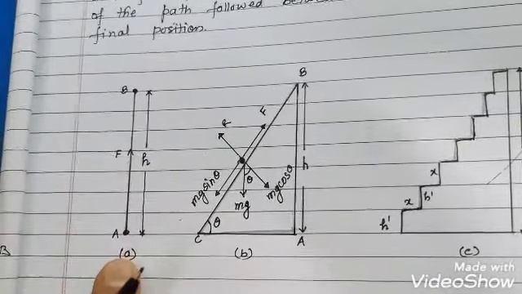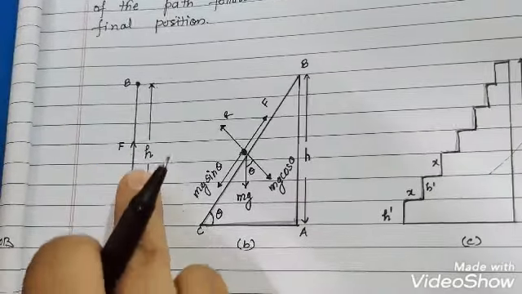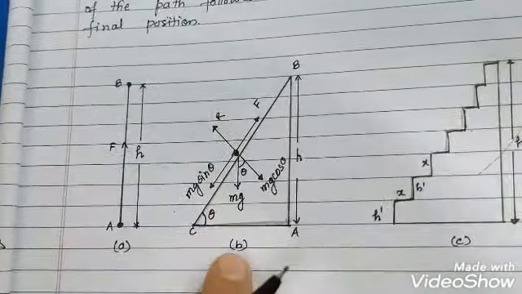In figure a, it is shifted vertically, directly from a to b. In the second figure, the object of mass m is shifting from a to b height, but through an inclined plane, which is inclined with the horizontal by angle theta.